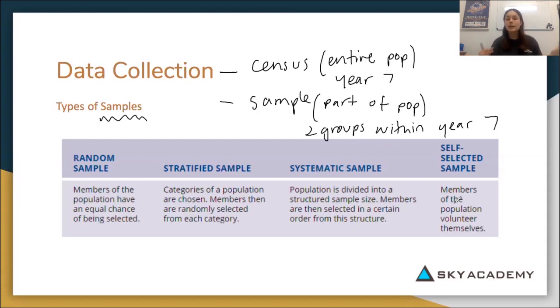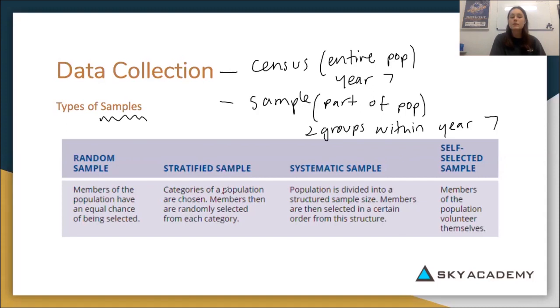And they volunteer themselves to participate in this survey. And that is self-selected sampling. So firstly, that's the difference between census and sample. And then within sample, we have these 4 types of data collection.